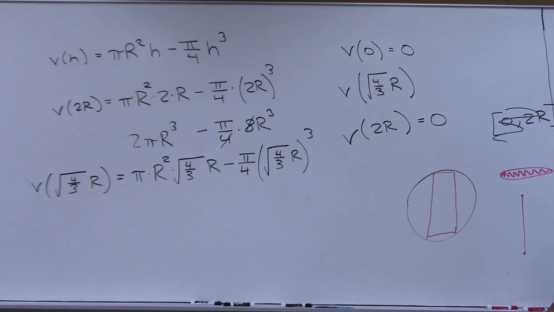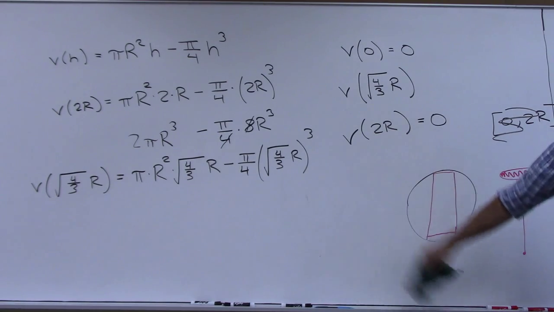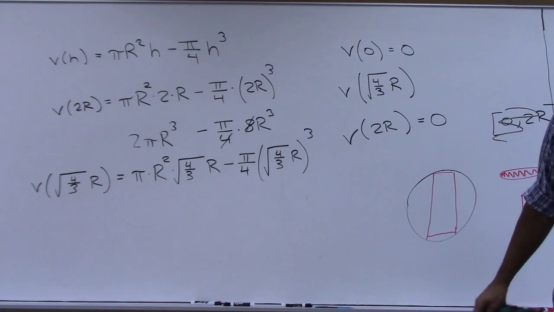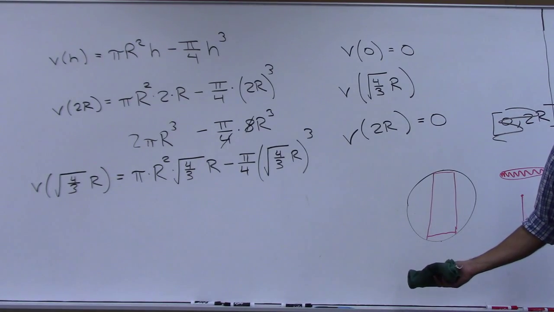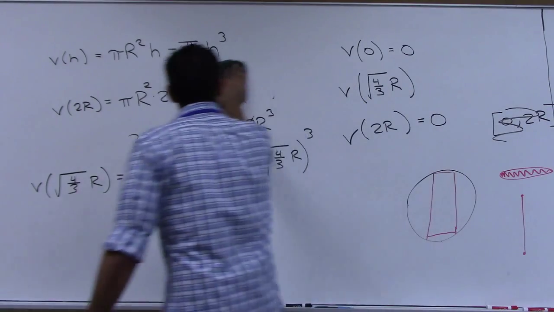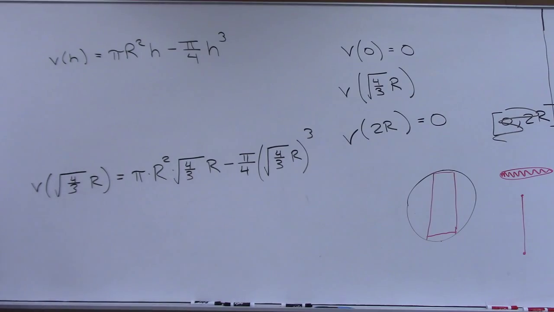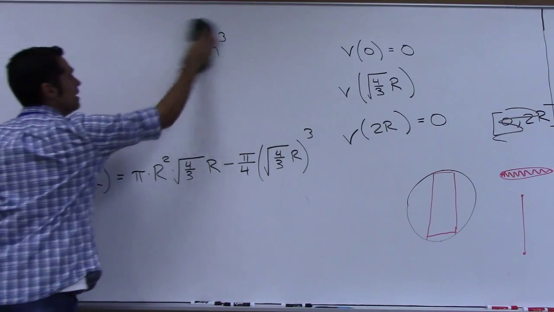Whatever that is. I'm going to clean it up, but you understand what I'm doing? Just plugging it in? Because I think it says here, find the largest volume. So whatever this answer is, that's the largest volume. It'll be in terms of capital R, though, right? I'm not going to get an answer like 5 or something. Capital R is going to be in there.